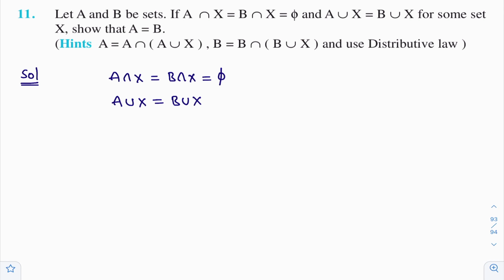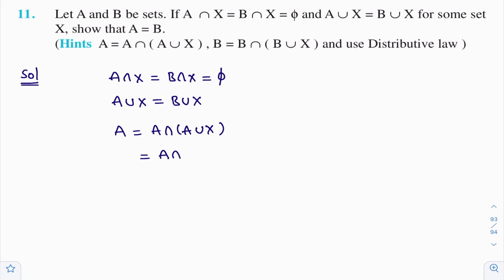So what I'll do here, I'll use this given data. In the hint they given A can be written as A intersection A union X. So I'll write that one. A can be written as A intersection A union X. Okay. This equal to A intersection. You observe here A union X is same as B union X they given.